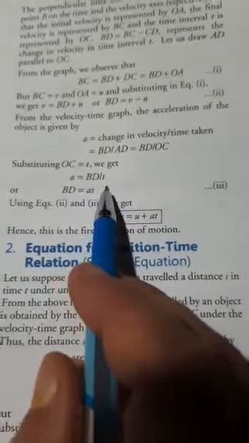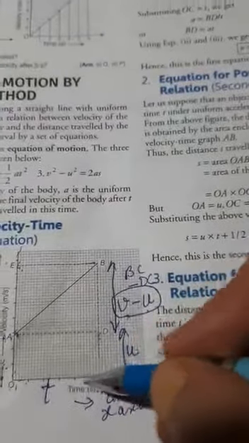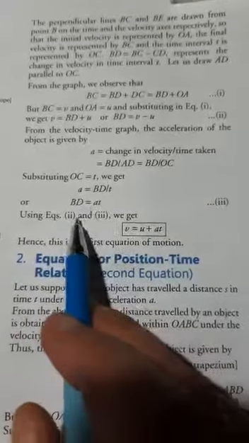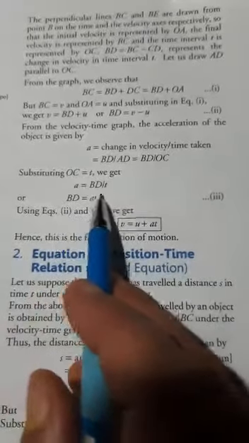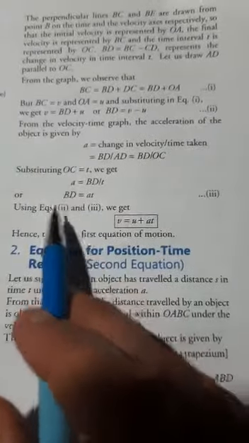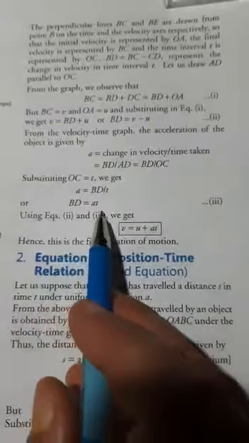Here t is how much? It is OC. Then substituting OC equal to t, a is equal to BD upon t. We take t to the left side, then it gets multiplied with a. Therefore BD is equal to at.